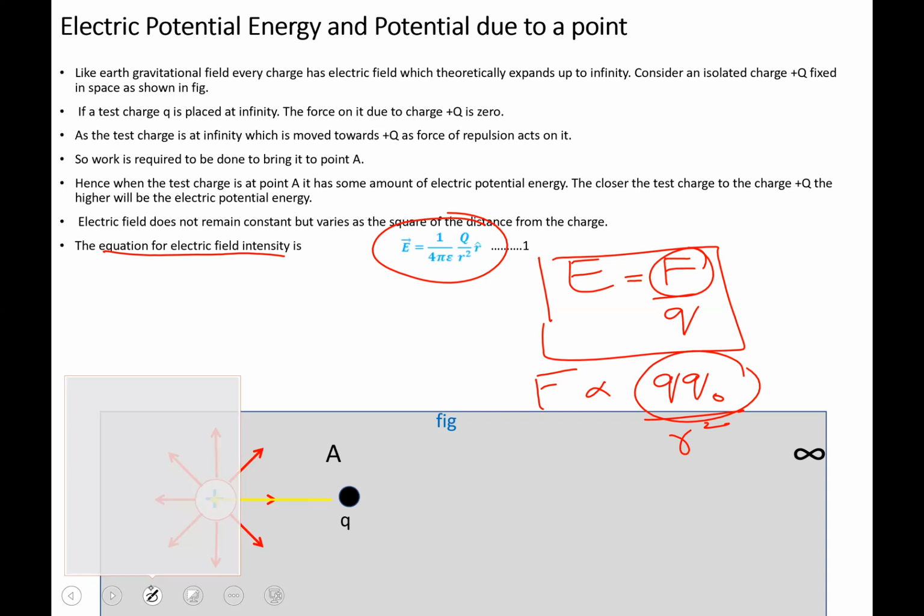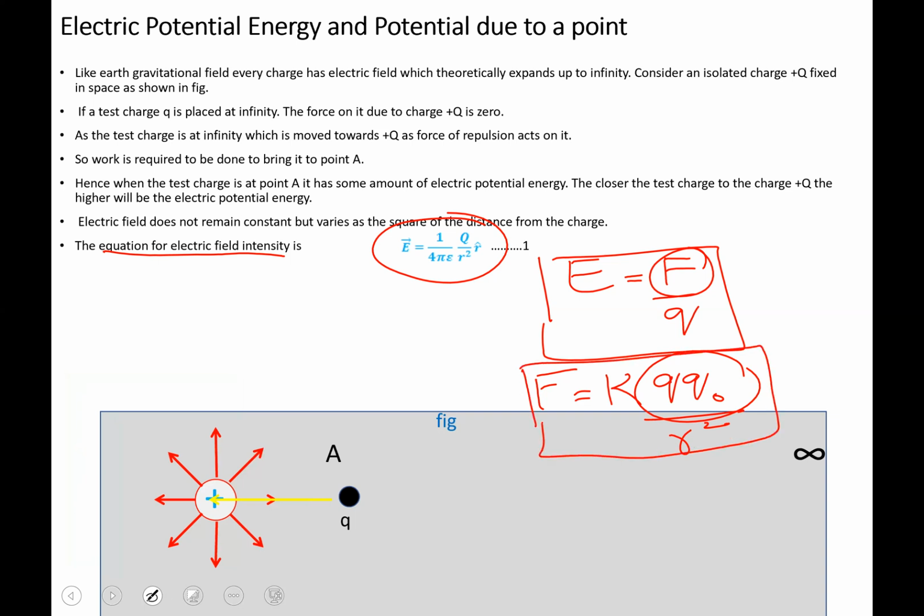Let's say one more thing. If we convert this proportionality into an equality, then we include a constant of proportionality, which is k. Now, this is the formula for Coulomb's law, which says the electrostatic force is directly proportional to the magnitude of the two charges and inversely proportional to the square of the distance between them.